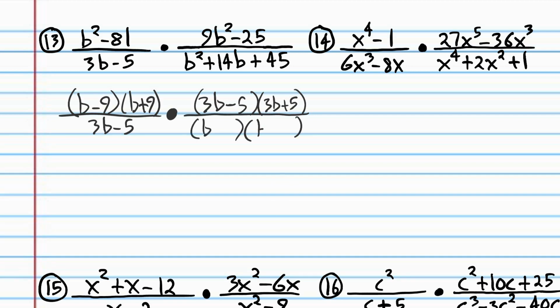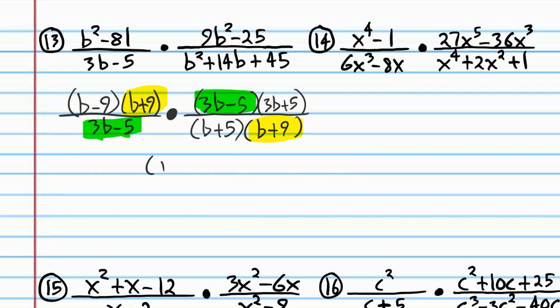What two numbers multiply to 45 and add up to 14? And then we just have to cancel out. So we have B plus 9 and B plus 9, and 3B minus 5 and 3B minus 5. Whoops, sorry. And it looks like that's it.